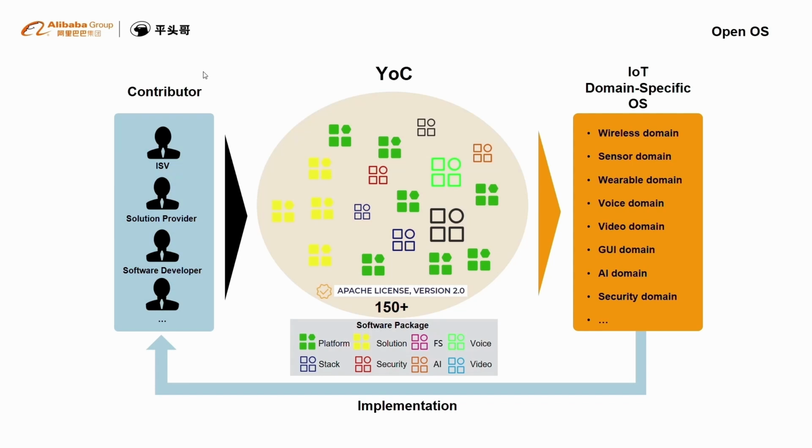YoC has more than 115 components so far, so we are looking forward to more developers contributing software code into the YoC stack. So this open source platform can widely cover domain-specific use cases. Thus, our community can easily deploy what they need from the big pool of resources.